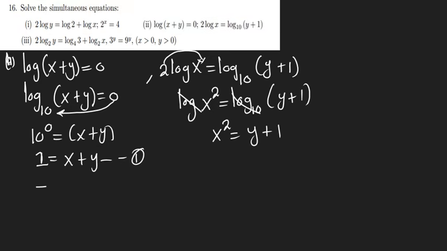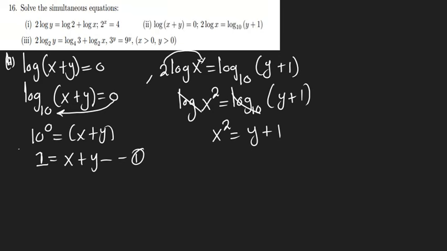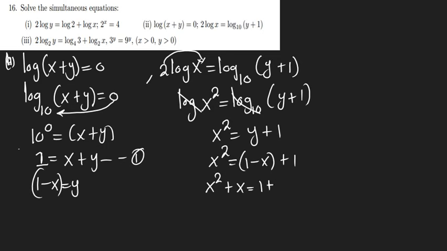Let me solve for x first. 1 minus x is equal to y. So x to the power 2 is equal to y plus 1, and I can put my equation here: 1 minus x plus 1. I don't want to start expanding things, so this will be plus x. Then this is going to be equal to 1 plus 1.